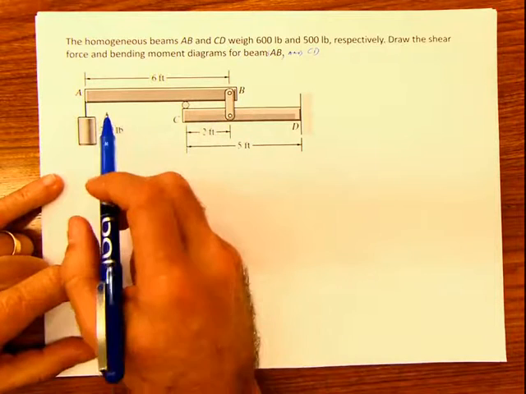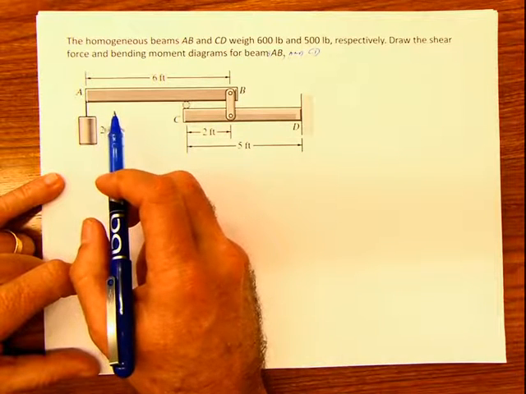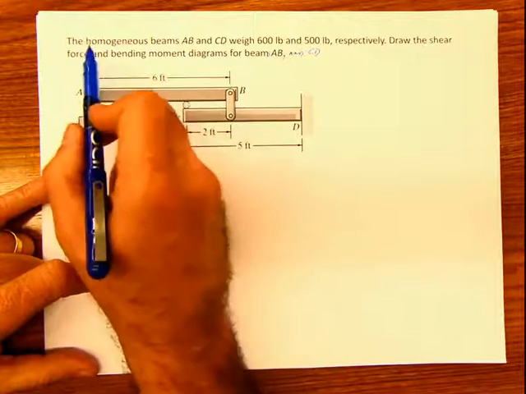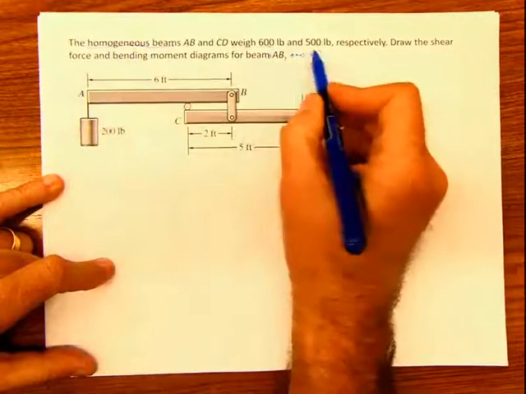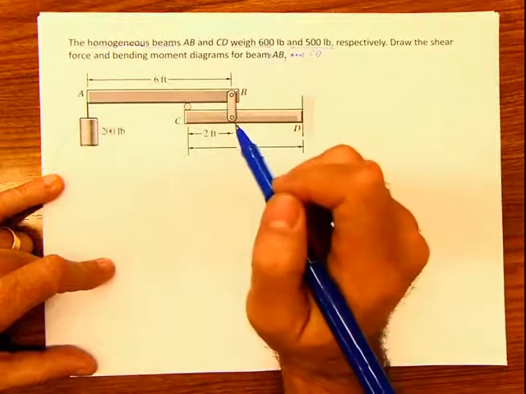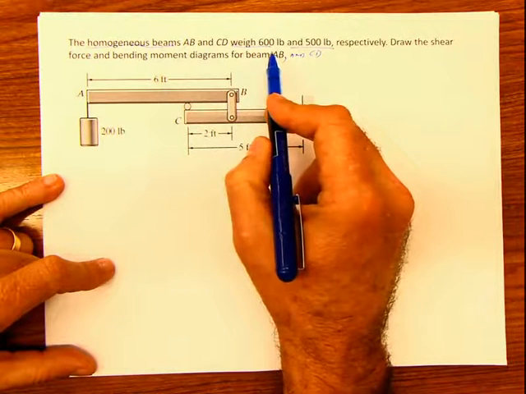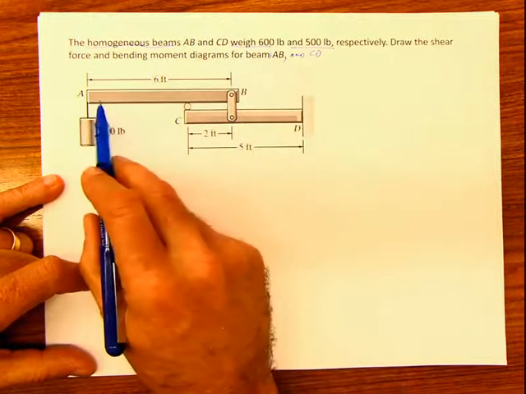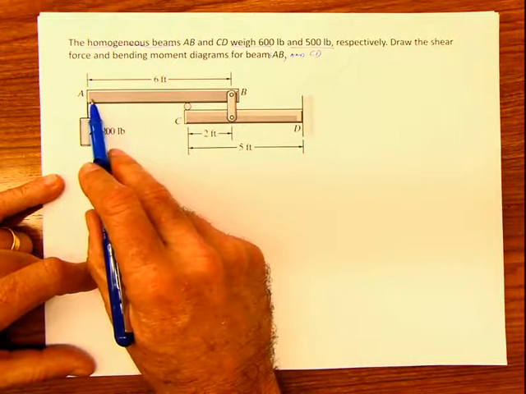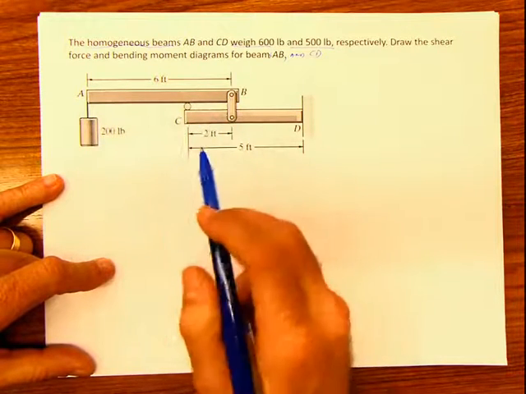Before doing that, let's check something that I think is really important: it says homogeneous beams, and it gives the weight of each one of the beams. This is given to you to tell you that you have a distributed loading on this beam and on that beam.